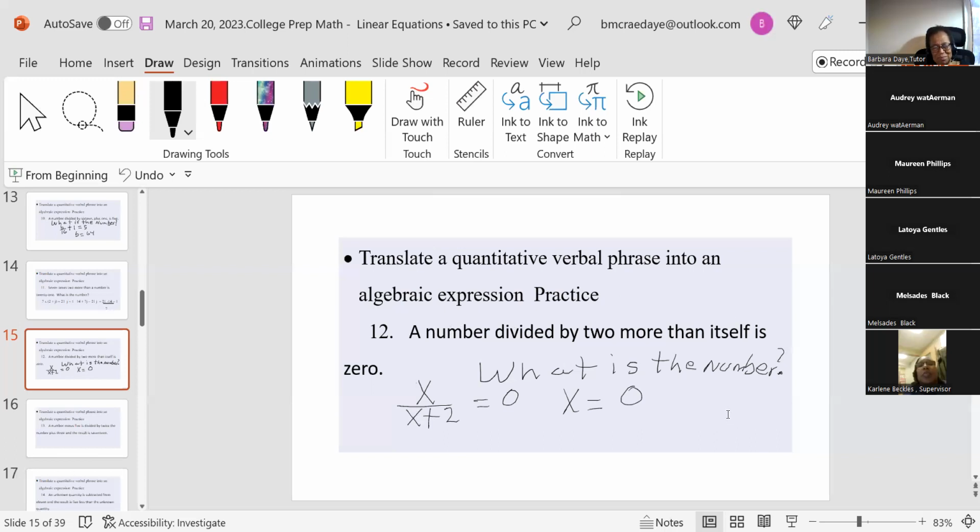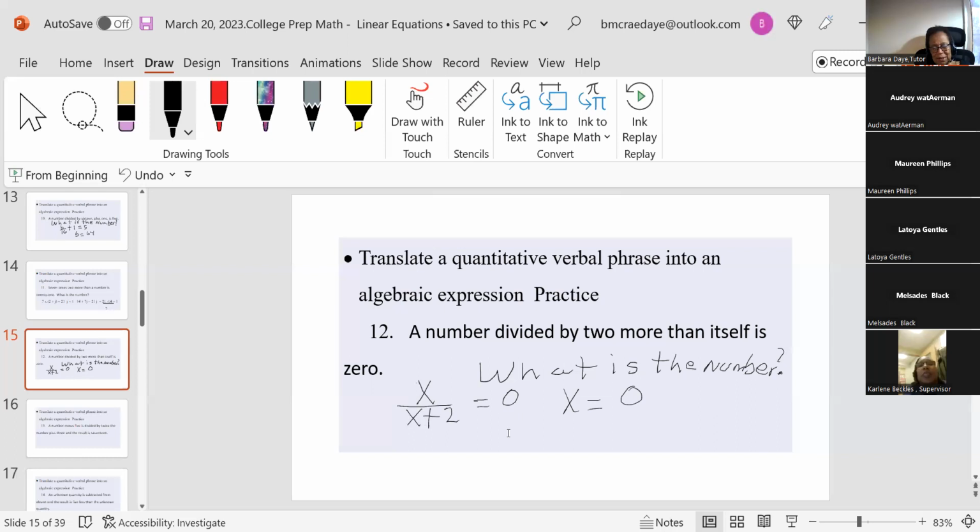I thought you were going to say 2x. A number divided by 2 more than itself. So the number is x. 2 more than itself is 2 added to the x.